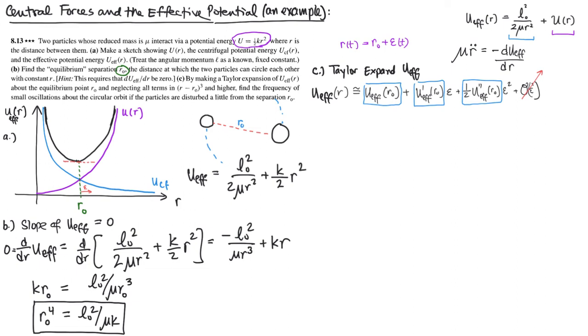All right, well, we already know what the first derivative of U effective is, and we know that it's 0 at r naught. That's exactly what it means for the potential to be flat at r naught. So now we have to find the second derivative. So we need to find U double prime of r, which is the derivative with respect to r of this term, minus L naught squared over mu r cubed, and so on. So let's compute that.